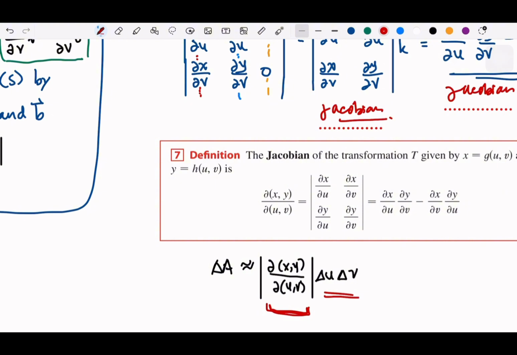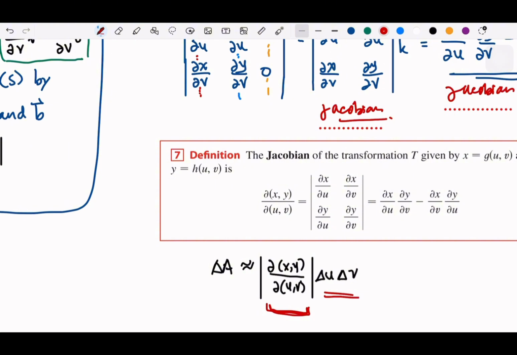First, if it is not given, or maybe it is intrinsically given, you need to find the relations. So find the relation of x with u and v, y with u and v, solve, and make sure that x equals something in u and v, and y also equals something in u and v. Partially derive both of them with respect to u and with respect to v. And then plug them into this Jacobian, compute the determinant, and you get the Jacobian.